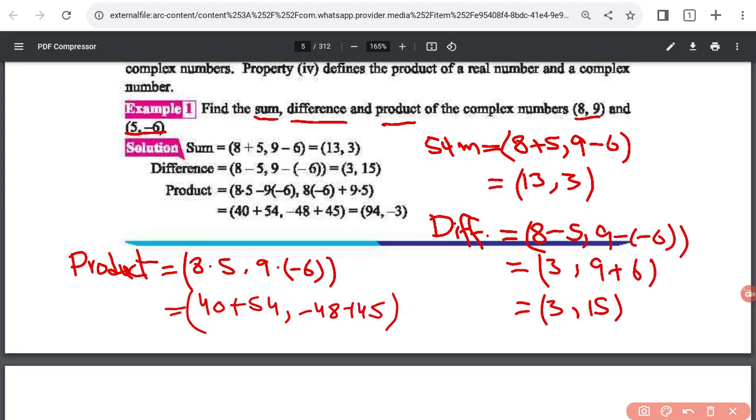So then it will be equal to (94, -3). So this is our answer.